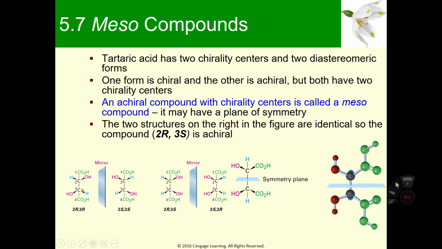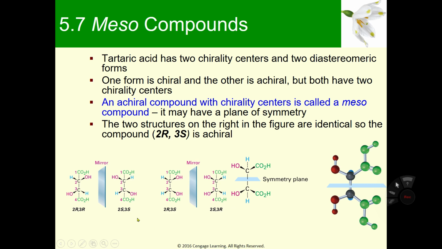So we can say that there are four isomers, 2R 3R, just like threonine, right? And we can imagine the mirror image of 2R 3R will be 2S 3S. Another isomer is 2R 3S. The mirror image of this 2R 3S will be 2S 3R.